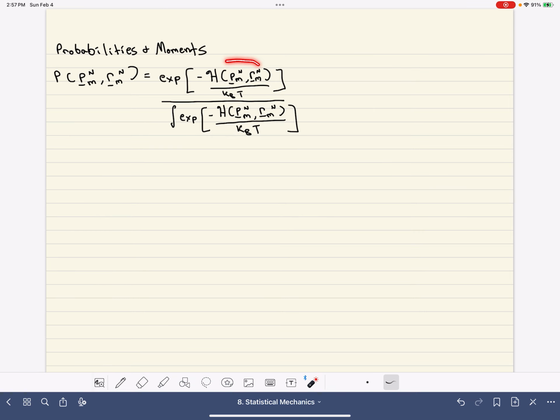And in the bottom, for the partition function, we also have the integral of the Hamiltonian. Okay. Now, just like in the previous video, we could split up this Hamiltonian into the kinetic energy and potential energy contributions. So we could rewrite the probability like this.